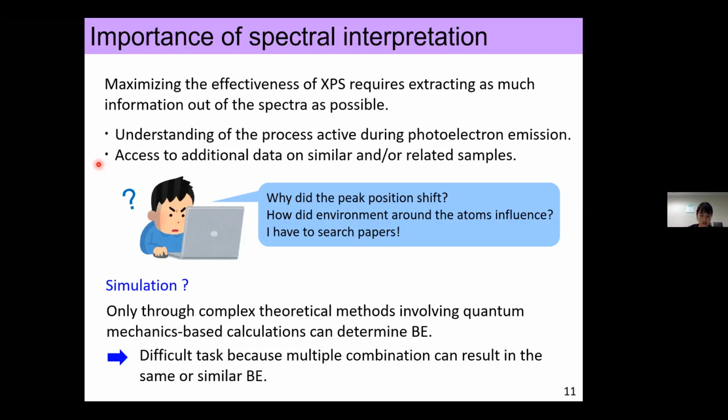So far, only complex theoretical methods involving quantum mechanics-based calculations can determine BE. But this is a difficult task because multiple combinations can result in the same or similar binding energies. Therefore, when you analyze data, having knowledge of these two things is very useful.